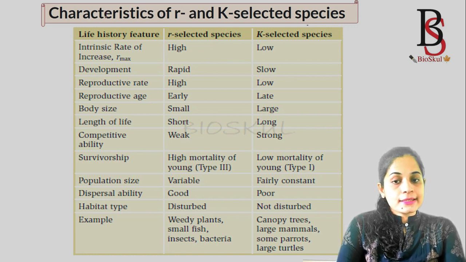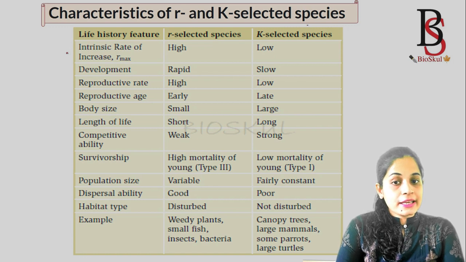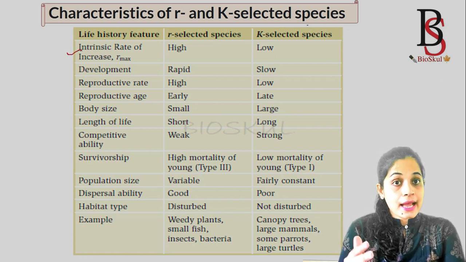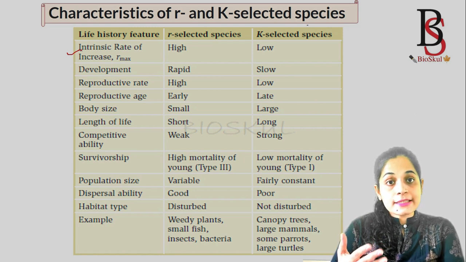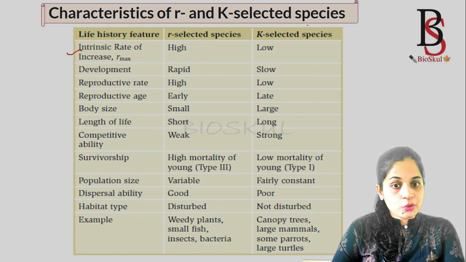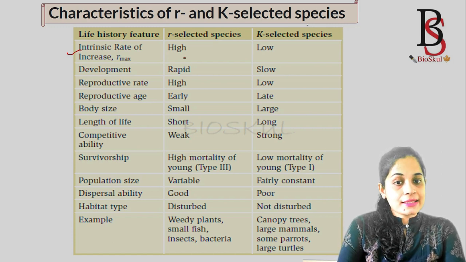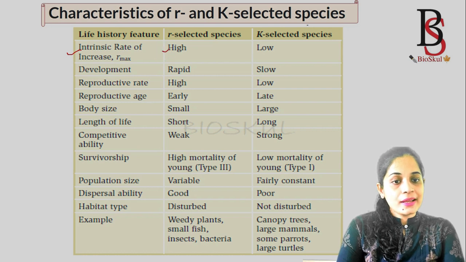The first characteristic is the intrinsic rate of increase, or the rmax. As I told you before, the intrinsic rate of per capita population growth is high in R selected species and low in K selected species.